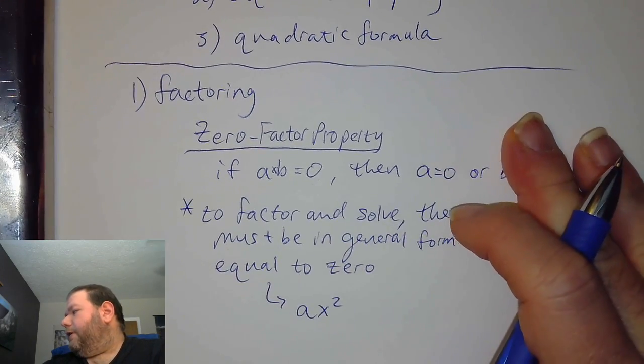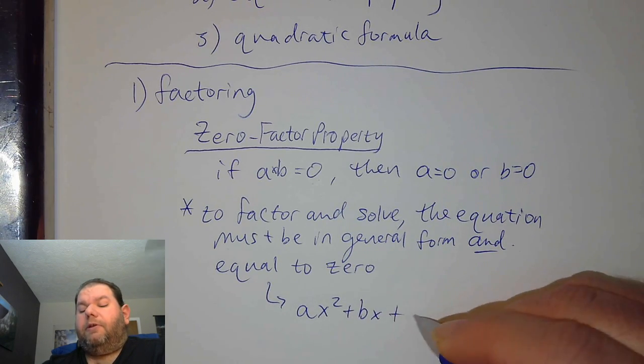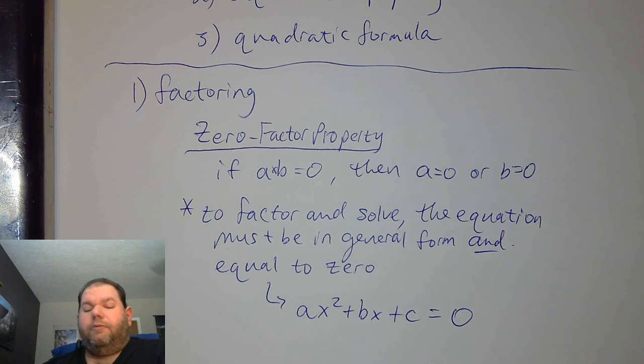So what we mean by that is we must have ax squared plus bx plus c equal to 0. That means everything on the left-hand side is just a normal trinomial. Put the highest exponent term first, and then the decreasing order from there, and it's equal to 0 on the right.